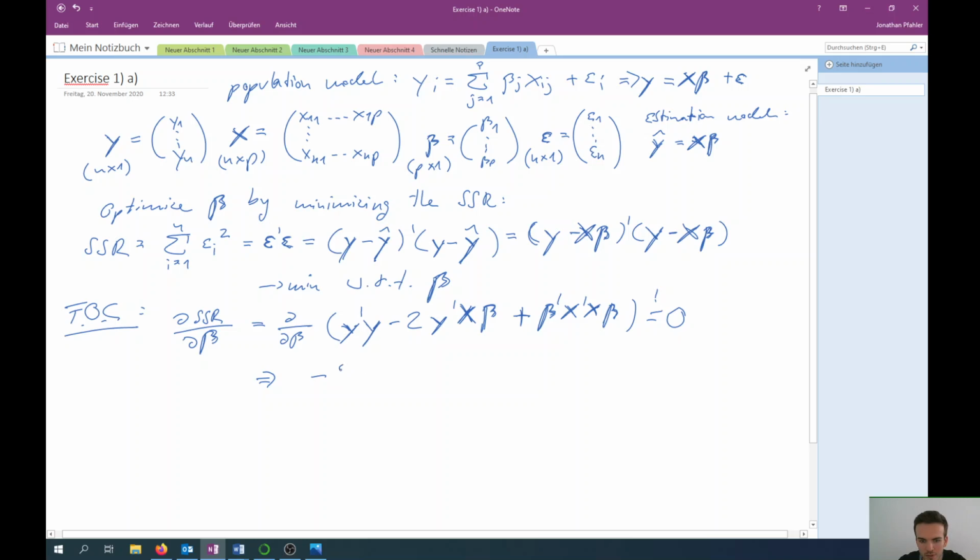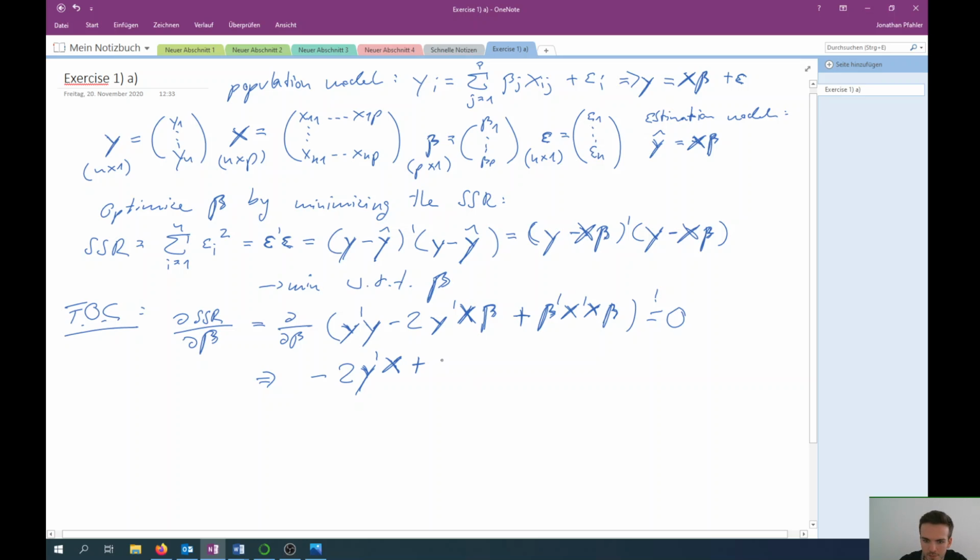So this will be 2. I forgot maybe to say that this little mark here is a transpose sign. So this is the transpose of y. So it's y transpose X here.